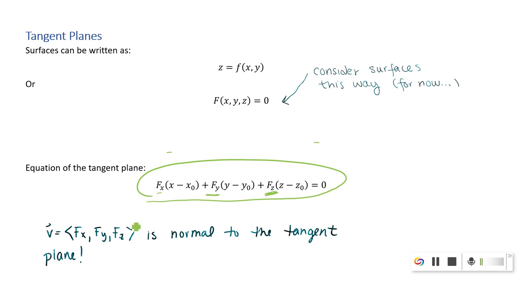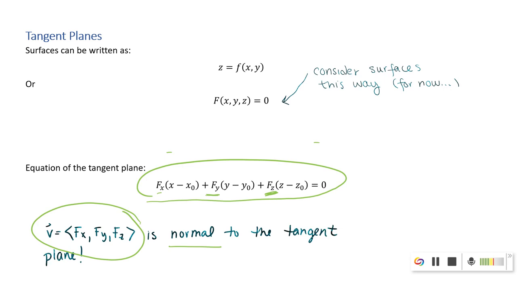In fact, if we were to create a vector with those partial derivatives, that vector would have to be normal to that tangent plane, simply because earlier that's how we defined the equation of planes. The coefficients of the x, y, and z create a normal vector to that plane.